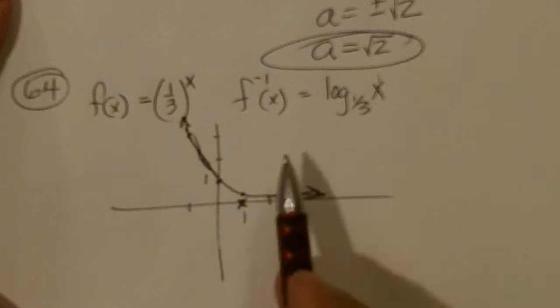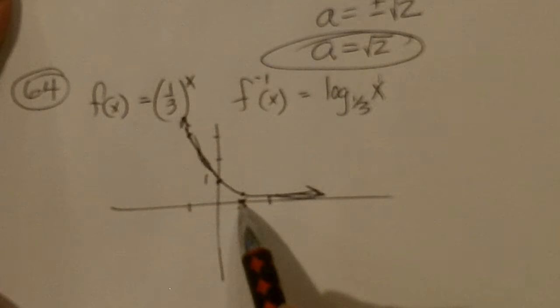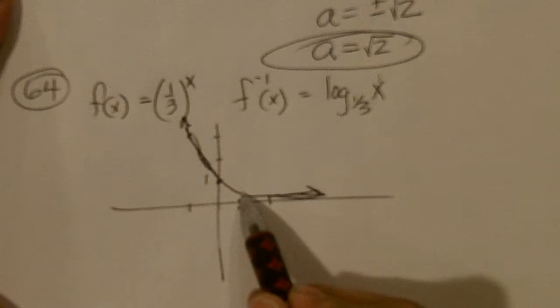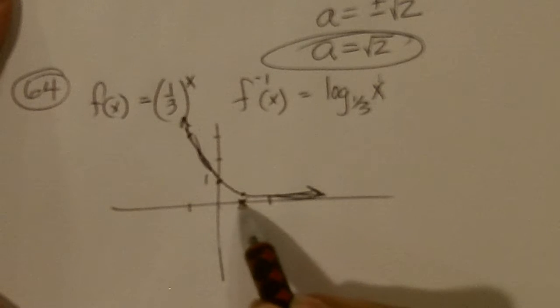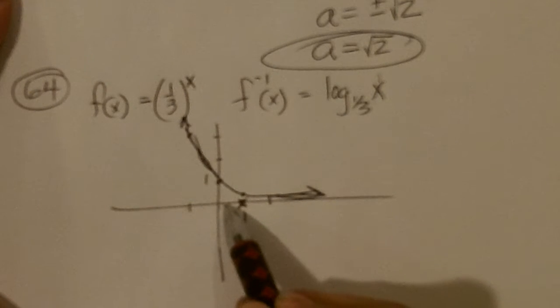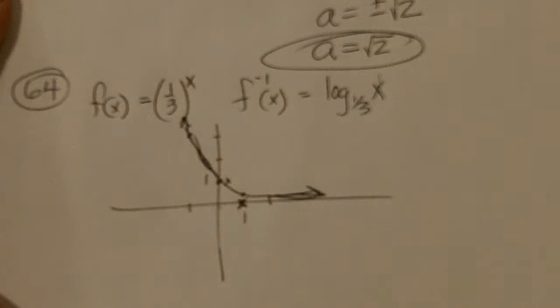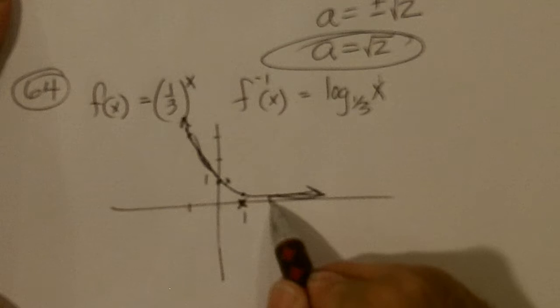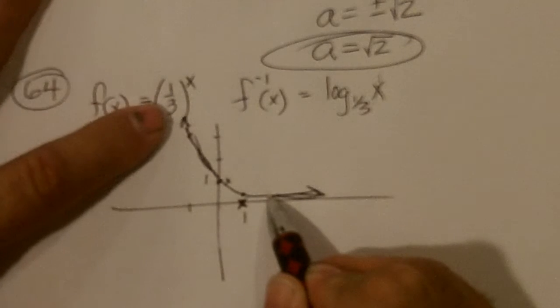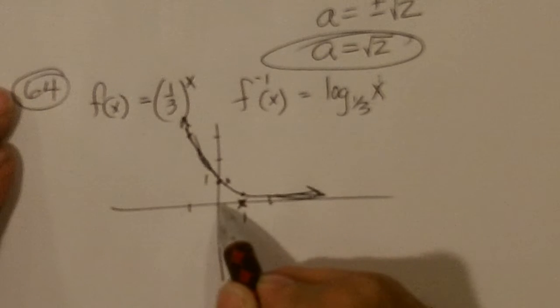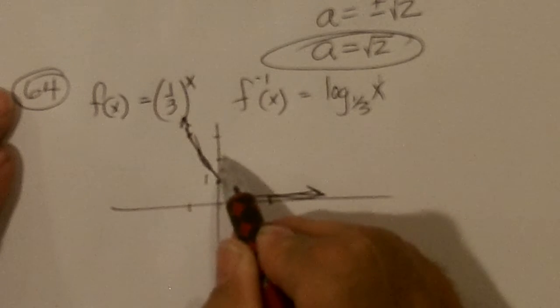This is (0, 1), so this is (1, 0). This was (1, 1/3), so the log would be (1/3, 1). This was (2, 1/9) for the original, so the inverse would be (1/9, 2).